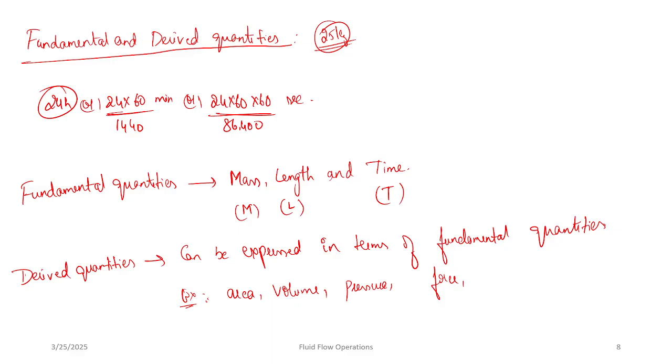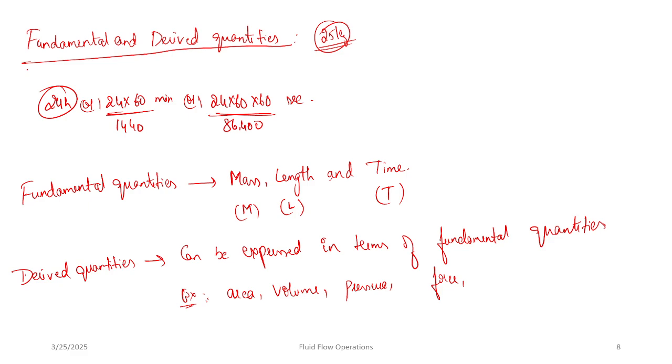So you can obtain these derived quantities either by multiplying or dividing the fundamental quantities, that is mass, length, and time. So you can either multiply them, divide them, and from there you can get these derived quantities.